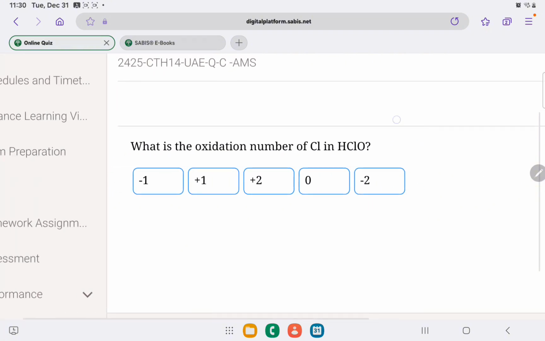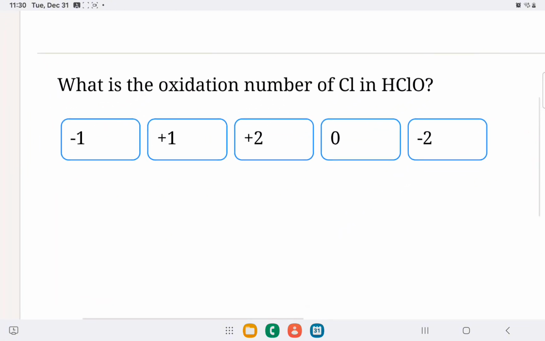What is the oxidation number of Cl in HClO? So this is the oxidation number, so you're going to have to remember the rules. Cl's oxidation number is always -1, except when it's with oxygen or fluorine. Here, because it's with oxygen, we're going to have to find it.